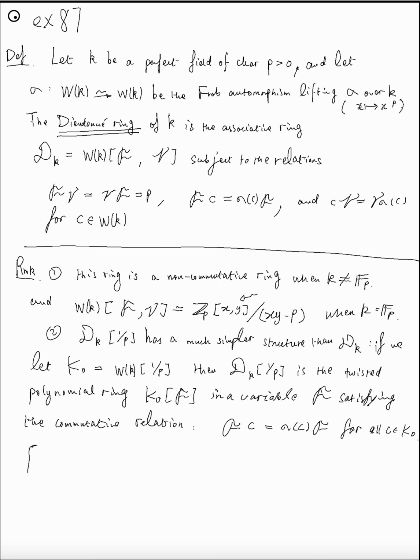Because let's say if FV equals p, then V over p times F equals 1, so V over p is just the inverse of F. Right.